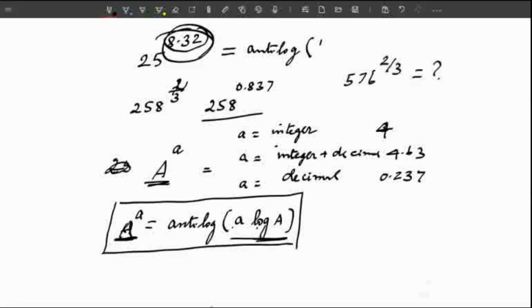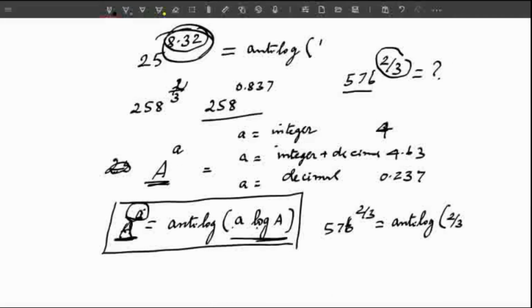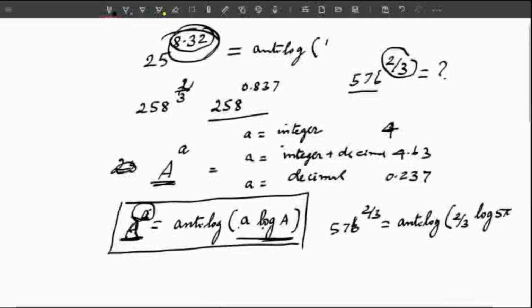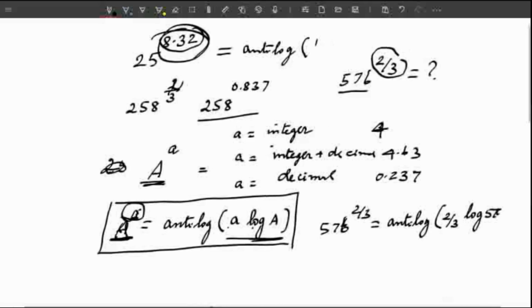Here, base A is equal to 576, and the small a is 2 by 3. Therefore, what is the value of 576 power 2 by 3? Take anti-log of 2 by 3 into log of capital A, 576.